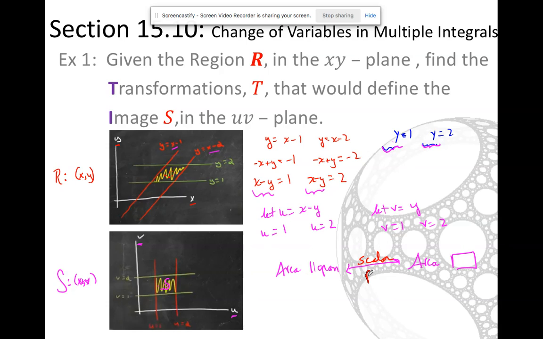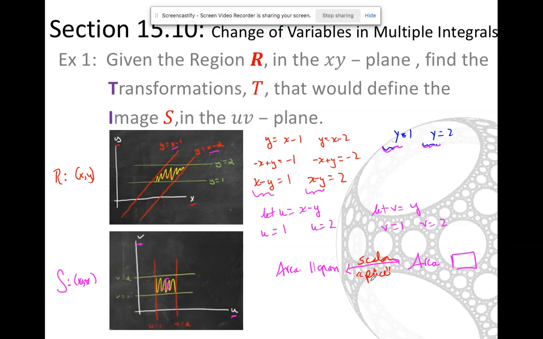And that scalar is the price you pay from taking a region that is not rectangular and transforming it into one that is rectangular. That scalar is the price to pay.